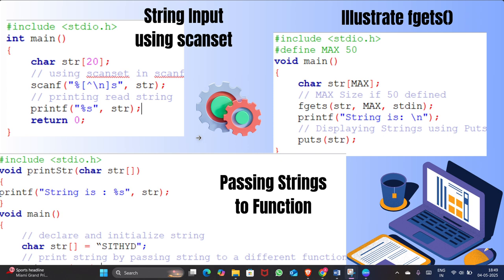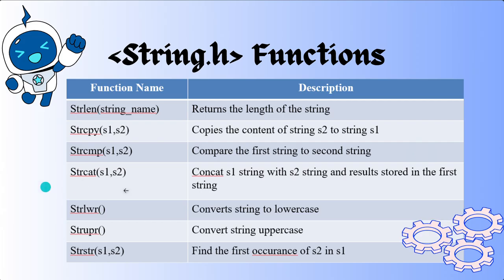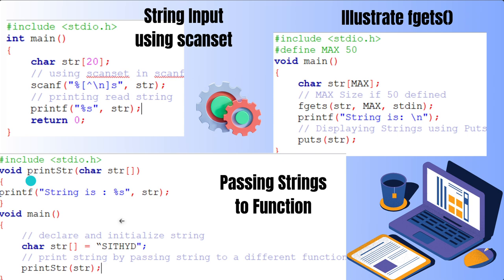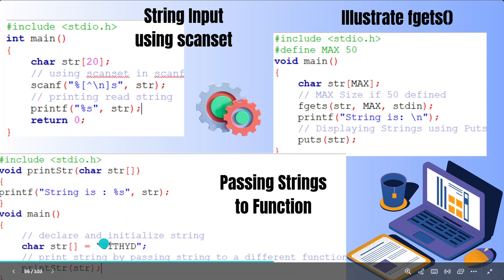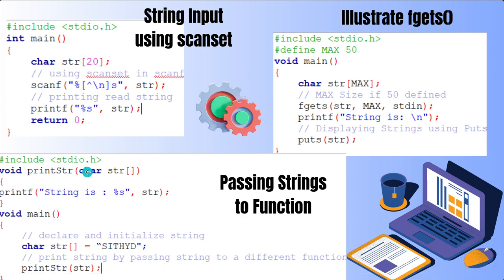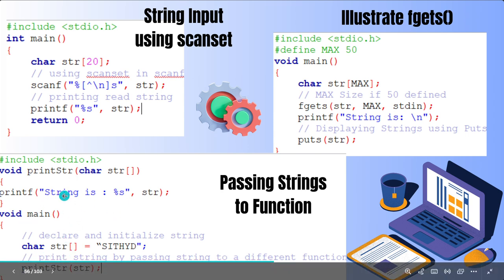Then in the main function, we are taking another character array, and then we are printing it and passing it. The function return type is void. This is the function name, the function argument list, and this is the function for printing the string. In the main function, we are calling this function.